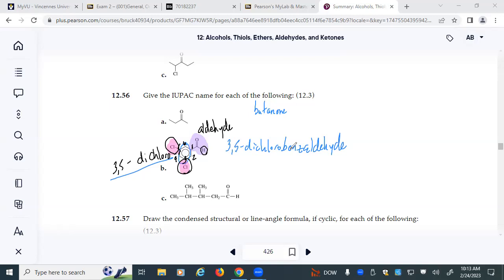You kind of talked about it, but how do you know the difference between putting like an aldehyde at the end and just -al? Because I kind of had trouble with that on the Mastering. So if we're dealing with just an alkane, then we can switch the ending to -al. As soon as we start throwing in double bonds of any kind, then we go to a different system with those.